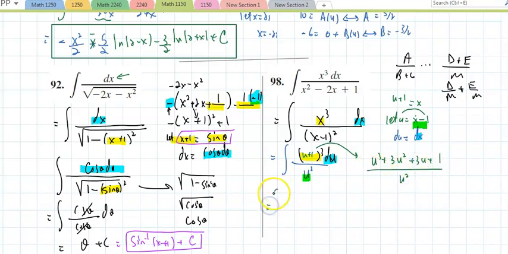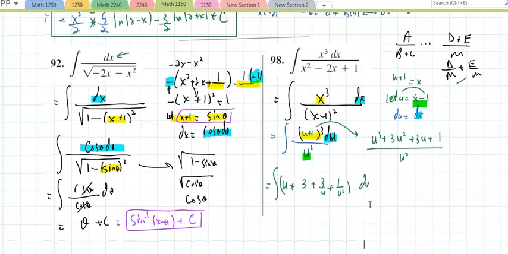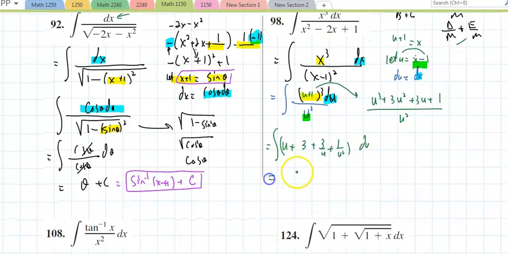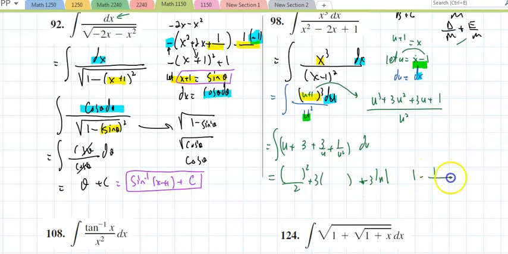So basically this is the integral of u cubed over u, 3u squared over 3u squared, so I'm using the sketch, 3 over u and 1 over u squared du. And that would be u squared over 2 plus 3u plus 3 natural log of u minus 1 over u plus c.